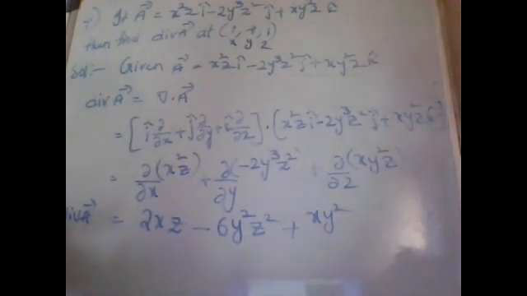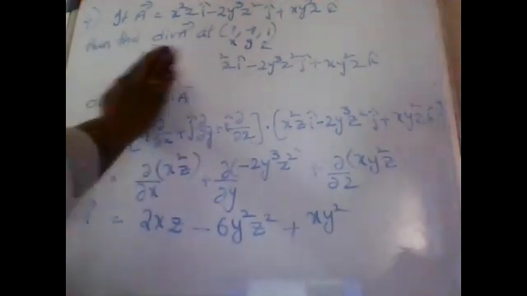Now we have to find the divergence of A at the point (x, y, z) equals (1, -1, 1). So x equals 1, y equals -1 and z equals 1.